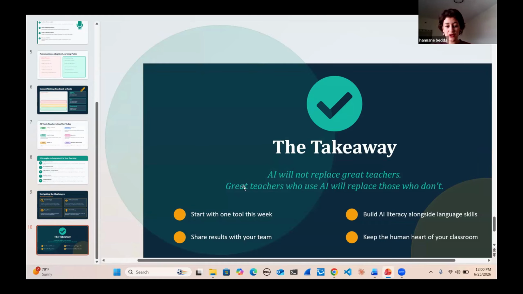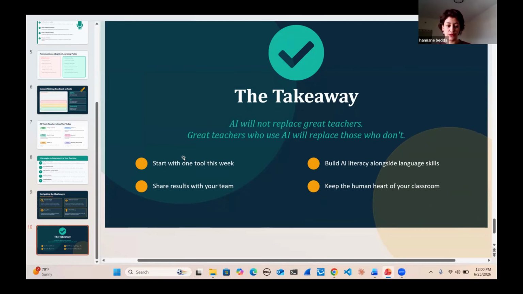So we can start with one tool this week, like Elsa or any kind of AI tool for learning language, and we can share the results with our team, especially when collaborating with each other. Then we can build AI literacy alongside language skills, and then keep the human heart of your classroom. Thank you.